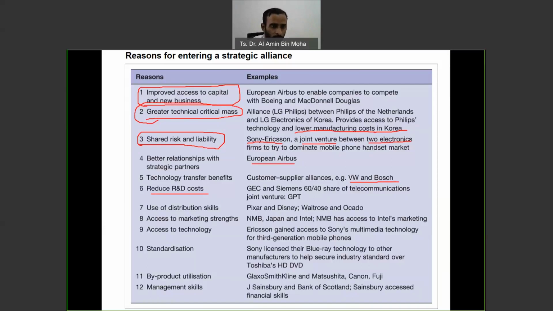Use of distribution skills, Pixar and Disney, Waitrose and Ocado. So they utilize their existing expertise, and many more. Access to marketing strength, access to technology, standardization, byproduct utilization, and management skill. These are all specific examples, and they may not have the detailed story, but you can look for it if you want.